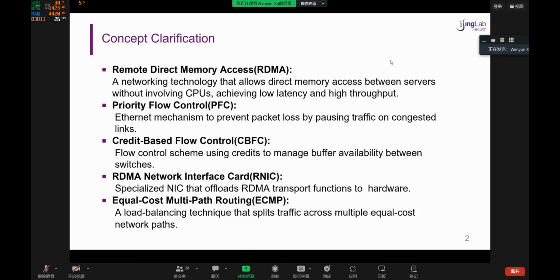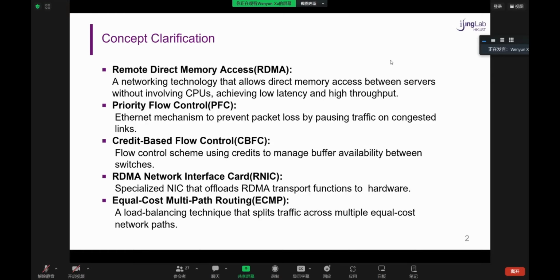The hardware that implements these mechanisms is called an RNIC, short for RDMA Network Interface Card. It offloads RDMA transport logic from software to hardware, achieving much higher performance but also constraining protocol flexibility. Next, let's talk about ECMP, or Equal-Cost Multi-Path routing. This is a load balancing technique that splits traffic across multiple network paths with equal cost.